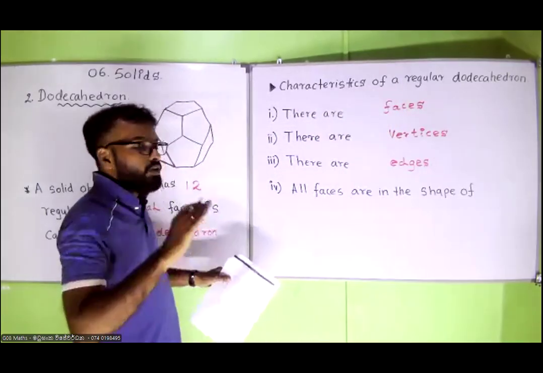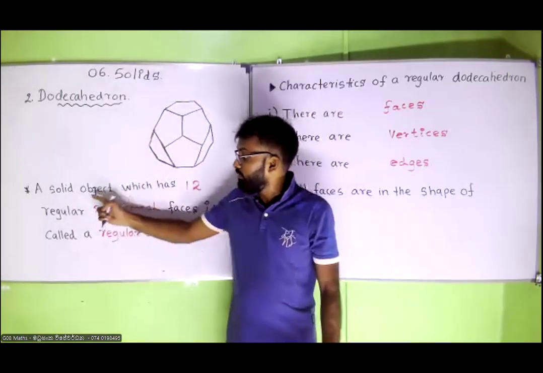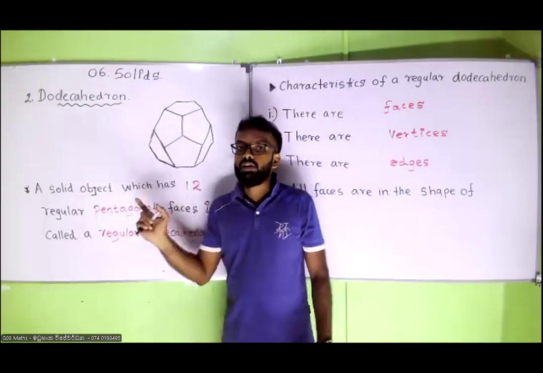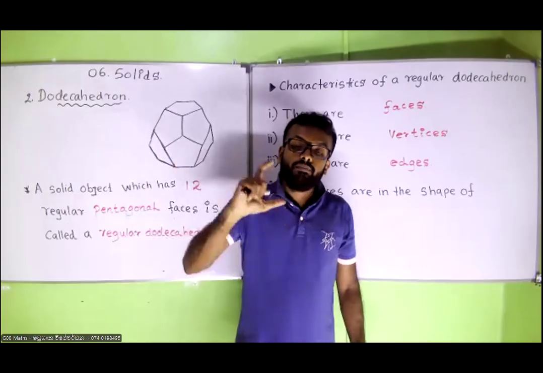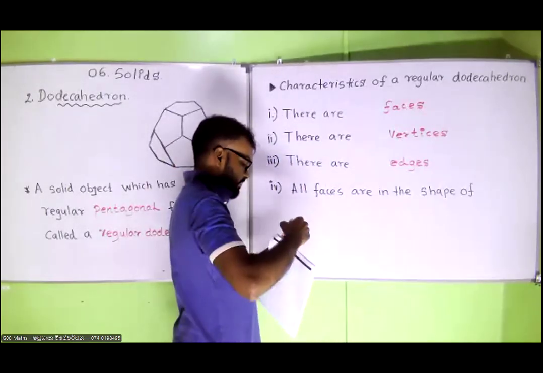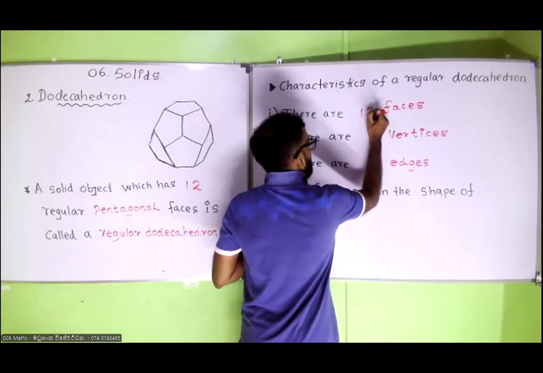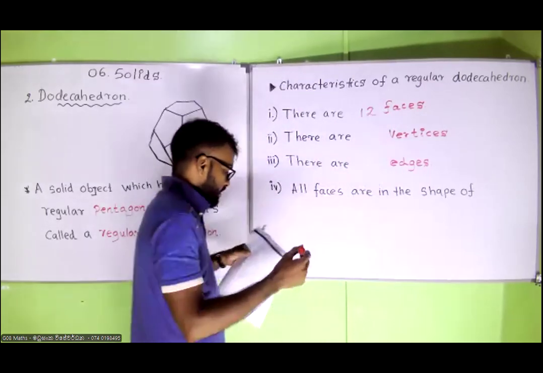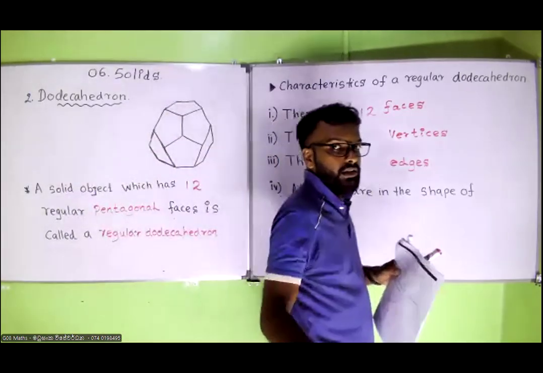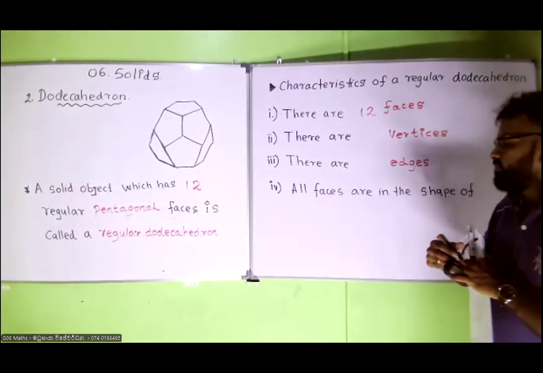Normally you need to remember how many faces there are for a dodecahedron. A solid object which has 12 regular pentagonal faces is called a regular dodecahedron, so there are 12 faces. And you need to remember that there are 20 vertices.